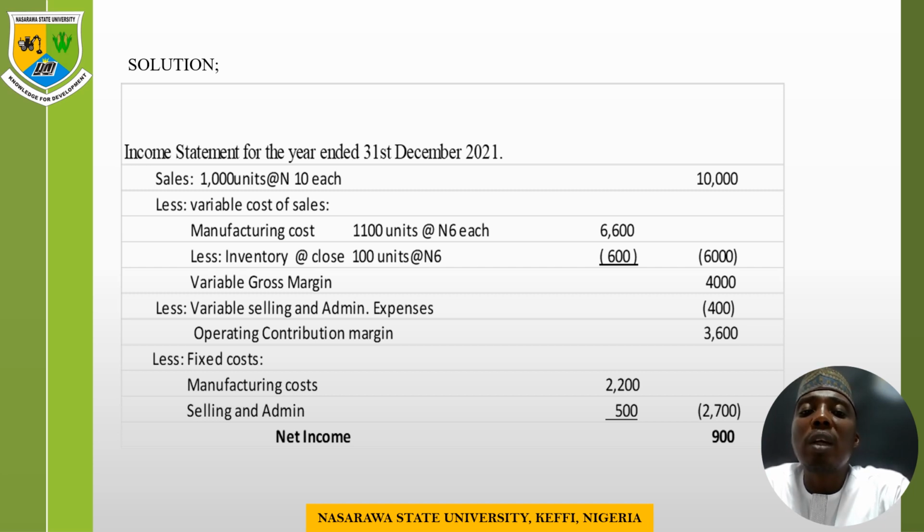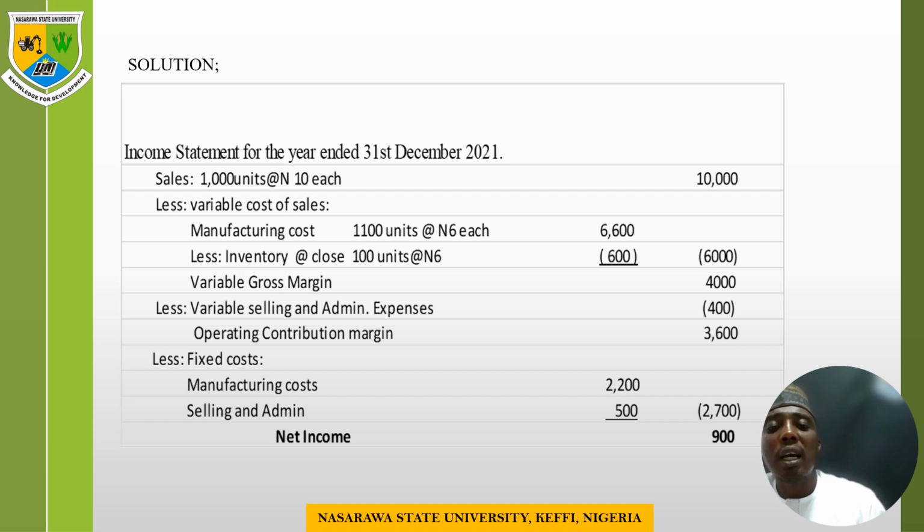The 3,600 represents our operating contributions. Hence, you remember that to determine the net income of a production process, you need to separate the period cost or the fixed cost from the contributions under the marginal cost approach.